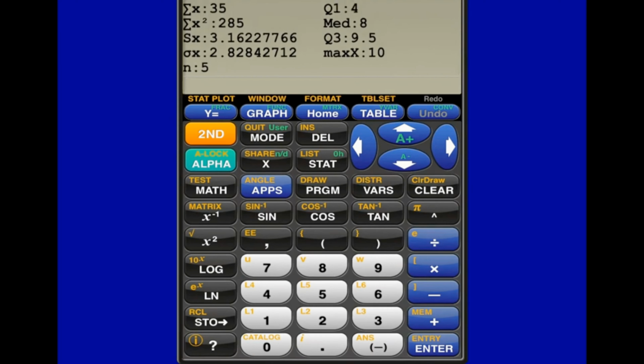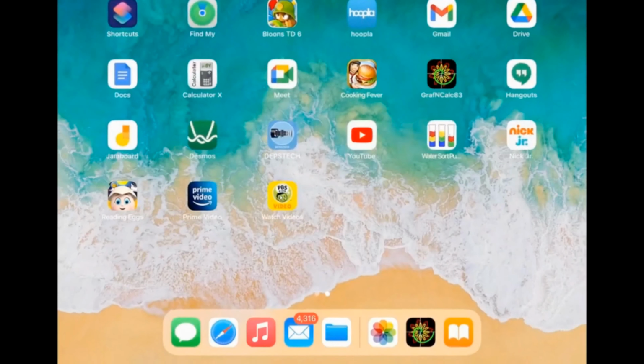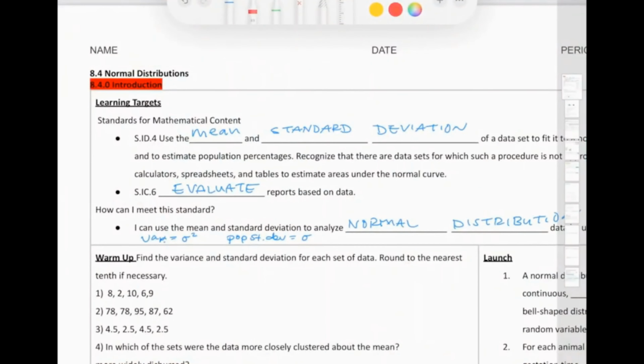Okay, what you can do is you can just take that number, 2.8, round it to the nearest hundredth, and then square it. It's over there, top left of the 7. And this gets me approximately 8. So here my variance is going to be 8 and my standard deviation 2.8.